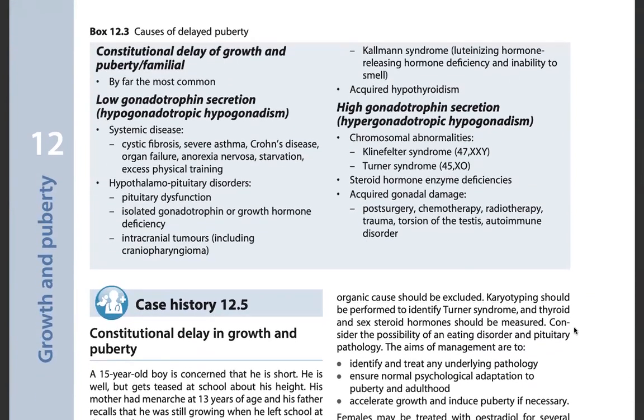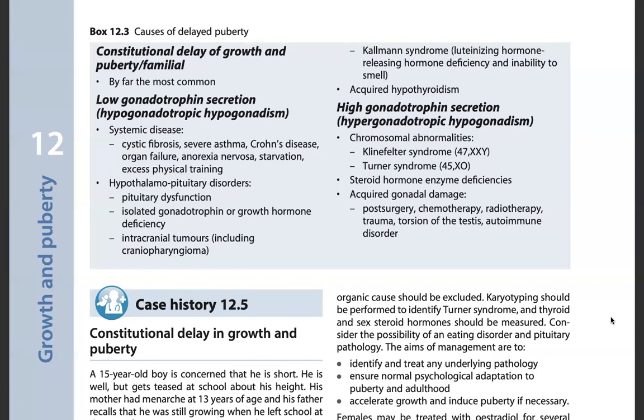Low gonadotrophin secretion, hypogonadism: systemic disease, cystic fibrosis, severe asthma, Crohn's disease, organ failure, anorexia nervosa, starvation, excess physical training; hypothalamo-pituitary disorders, pituitary dysfunction, isolated gonadotrophin or growth hormone deficiency, intracranial tumors including craniopharyngioma, Kallmann syndrome, luteinizing hormone releasing hormone deficiency, inability to smell, acquired hypothyroidism.